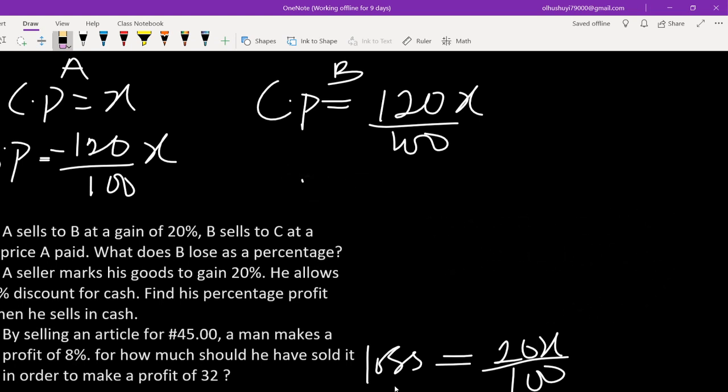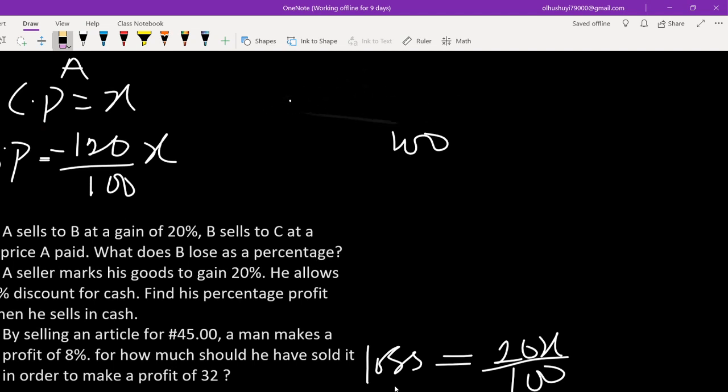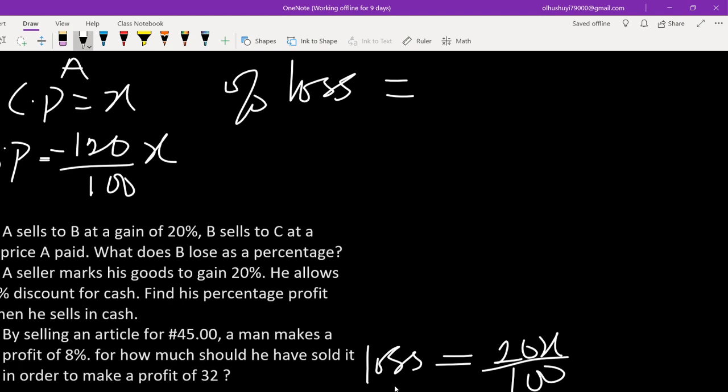The percentage loss will be equal to the loss itself, which is 120x over 100, divided by the cost price.